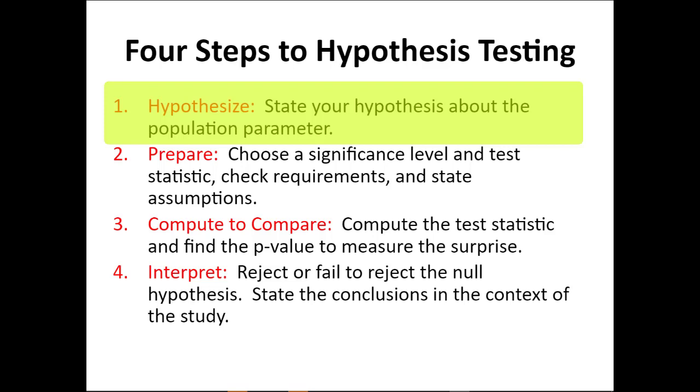In the first step, you need to write your null and alternate hypotheses. You're going to state these hypotheses in terms of the population parameter. So if you're working with proportions, you're going to use the notation of P. If you're working with means, you're going to use the notation of mu.